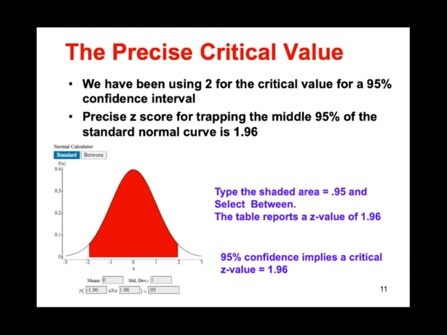So what I did is I went to StatCrunch, and under Stat, I picked calculators, normal calculators, and then clicked on between. And for the between value, I used 0.95, and the computer returned the critical values of plus and minus 1.96. So the truth is, it's not 2, it's 1.96 for a 95% confidence interval.